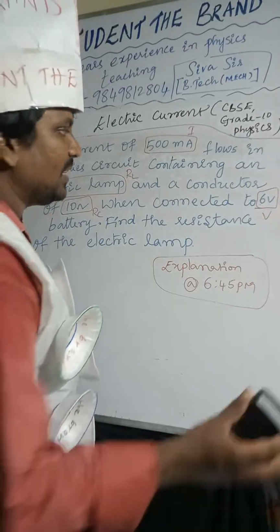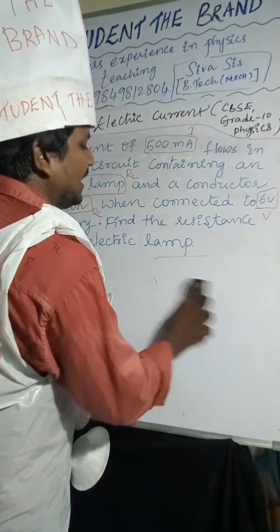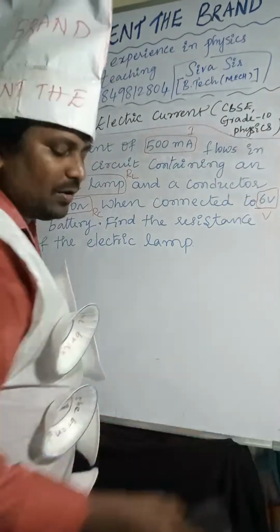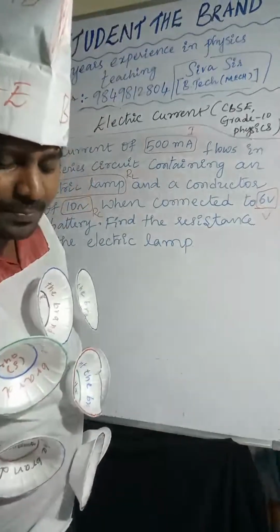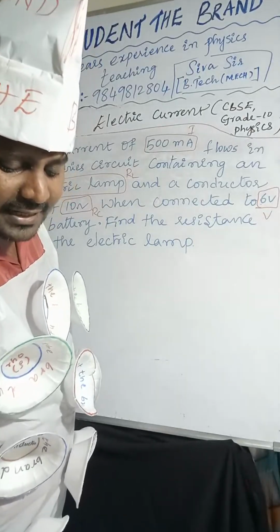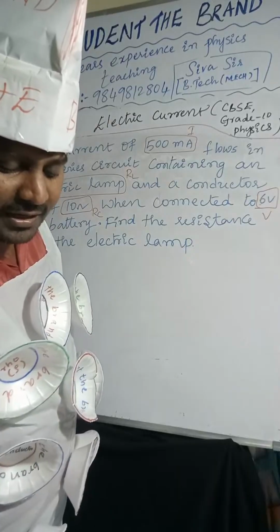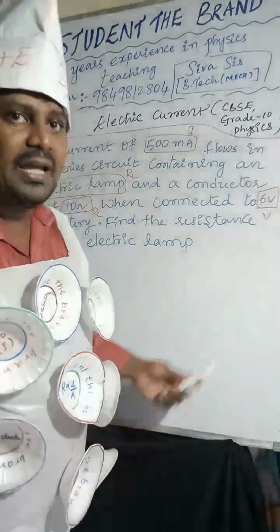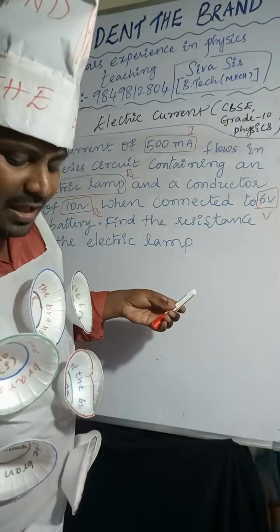Check once here. If you have any doubts, you can ask me. First, you have to underline what exactly is given. We must identify the data given in the question. There is no other option to do the problem. Without identifying, we can't do it.